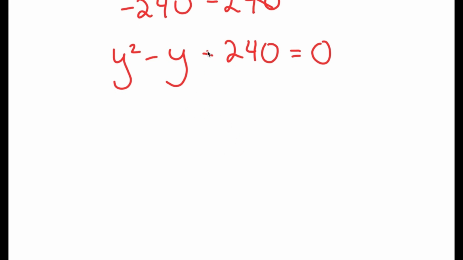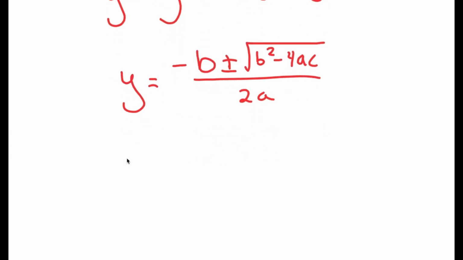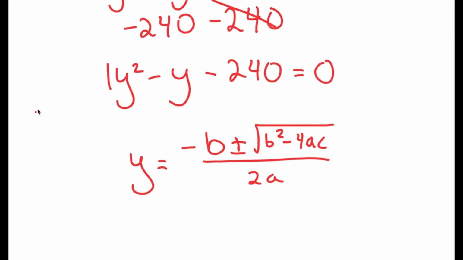And to find the solutions of this quadratic equation, I can use the quadratic formula. If you didn't already know, the quadratic formula is negative b plus or minus the square root of b squared minus 4ac, all over 2a. So in this case, a is 1, b is negative 1, and c is negative 240.